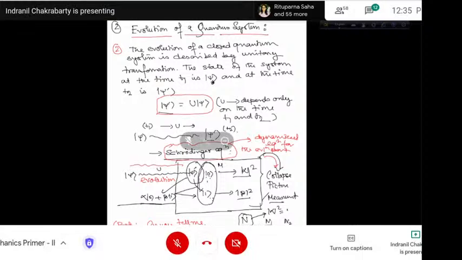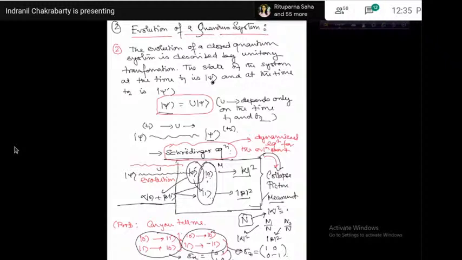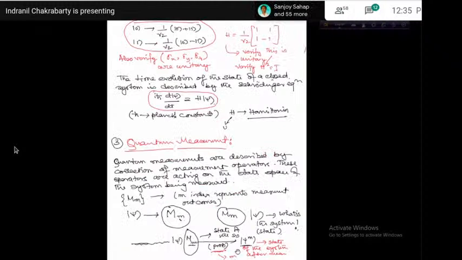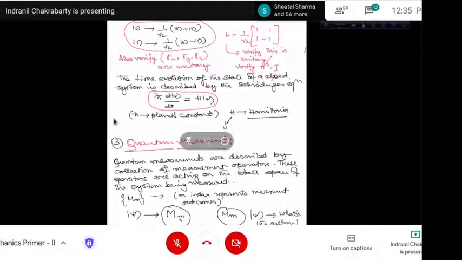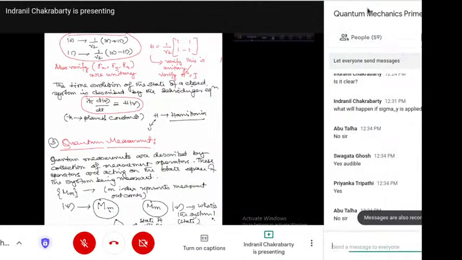Similarly, when sigma z is applied on 0, it will give you 0, and on 1, it will give you -1. The unitary Hadamard gate, H = 1/root 2 times [1 1; 1 -1], will take 0 to 1/root 2 (0 plus 1), and 1 to 1/root 2 (0 minus 1).